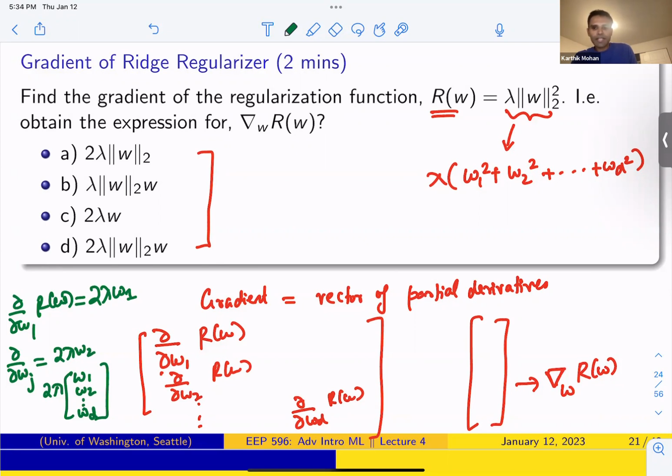It knows how to chain these derivatives and gives you the final gradient. So the differentiation is all automatic once you specify the loss function. But good to know that this is how you compute the gradient, right? And this is what's happening behind the hood.